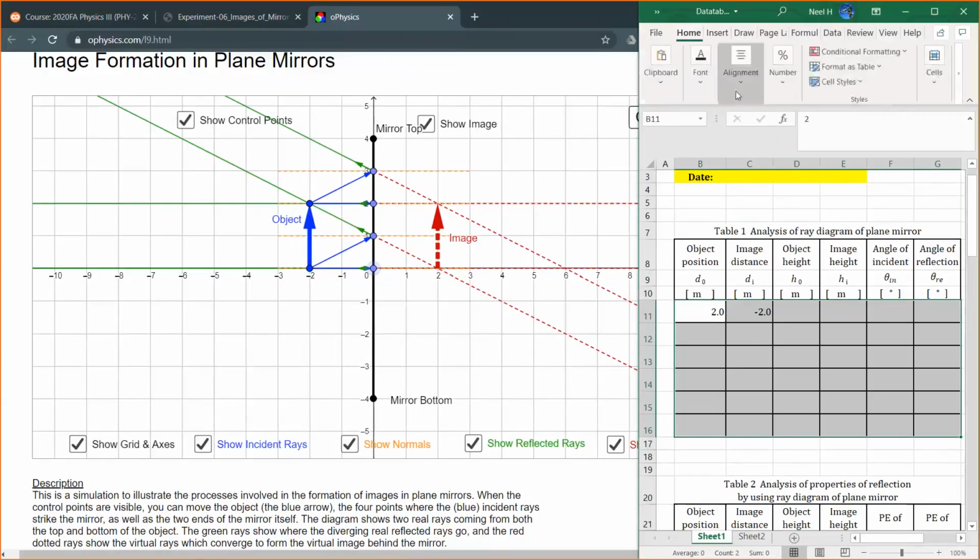Then let's continue. Object height is also 2 squares. 2 squares means 2 centimeters, and the image is going to be 2 centimeters. And the angle we can measure like this. For example, let's say I want to measure the angle here. The incident angle is going to be this angle right here.